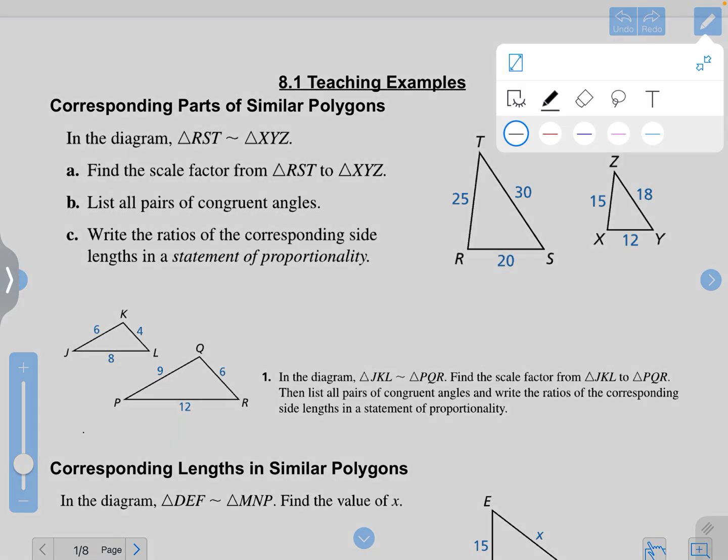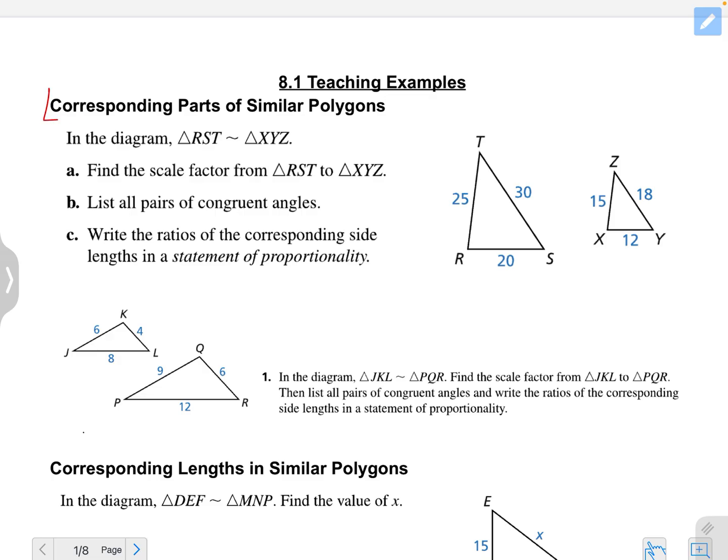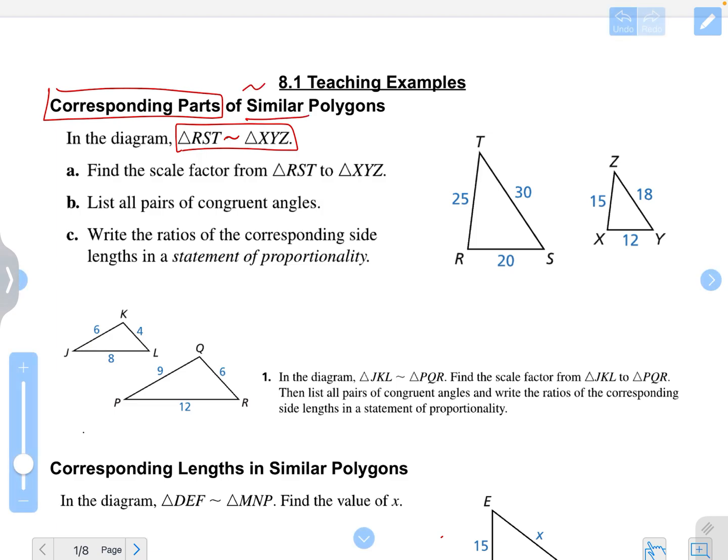So remember that when we talk about corresponding parts, we have to have our similarity statement. In this case, our tilde or our squiggle means similar. Similar means that they have the same shape, but they're not necessarily the same size.